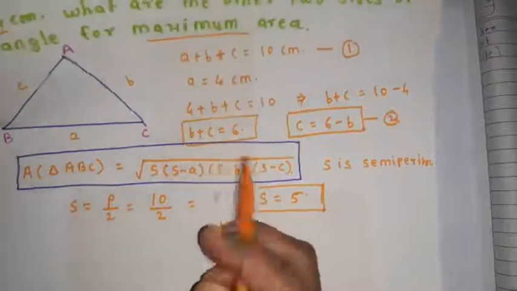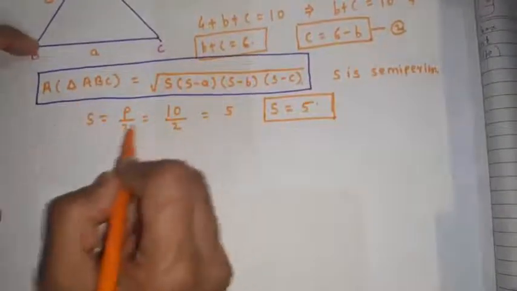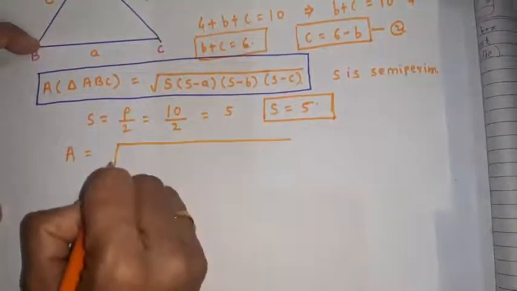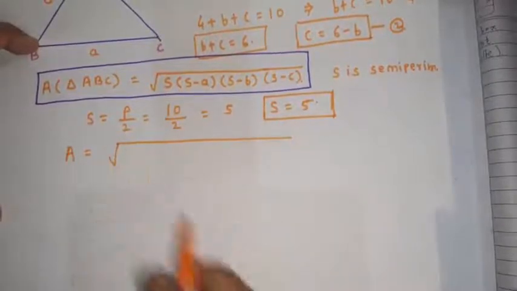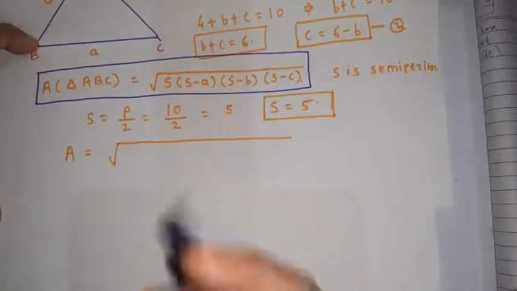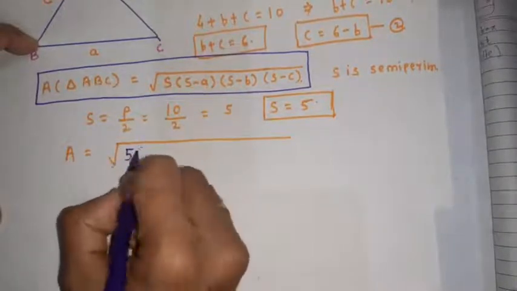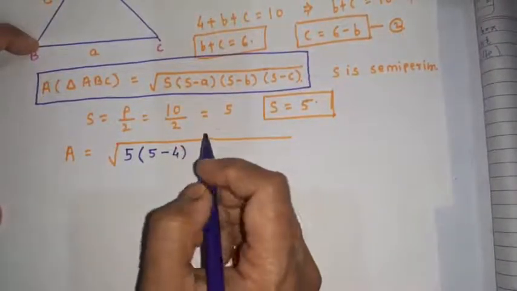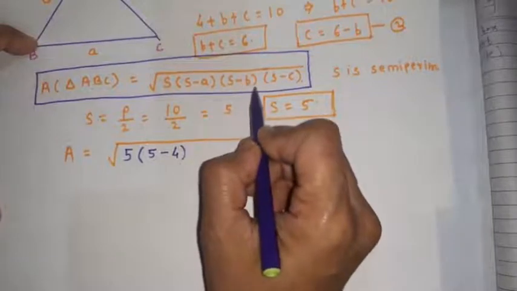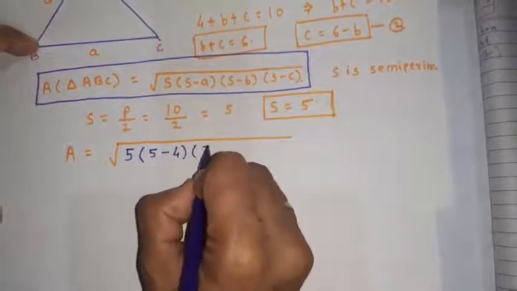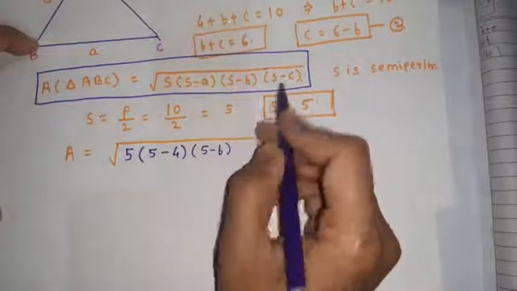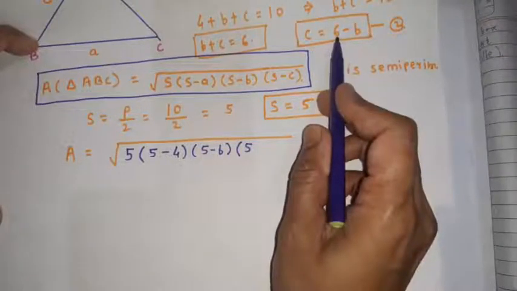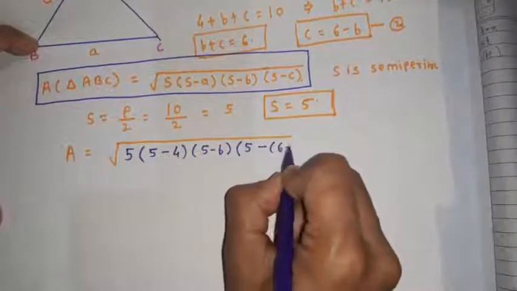So here in the area of the triangle put the values. Area of triangle equal to square root of, the value of s is 5, that is 5 into 5 minus a, the value of a equal to 4, then s minus b, that is 5 minus b, and s minus c, where s is 5 and the value of c we put is 6 minus b.